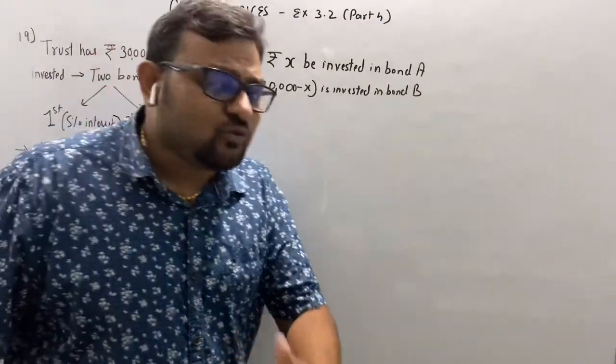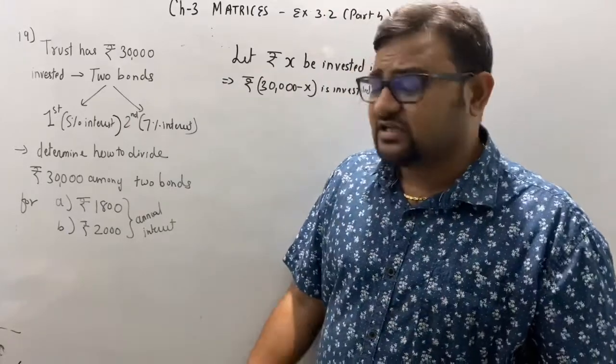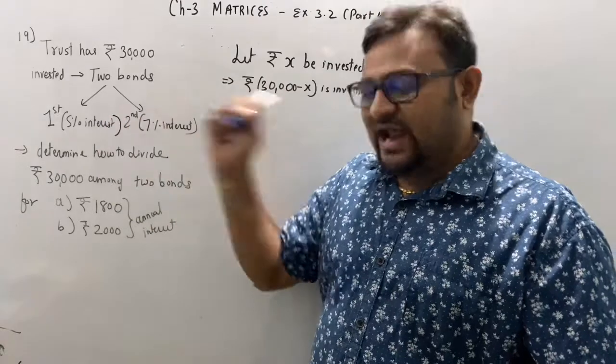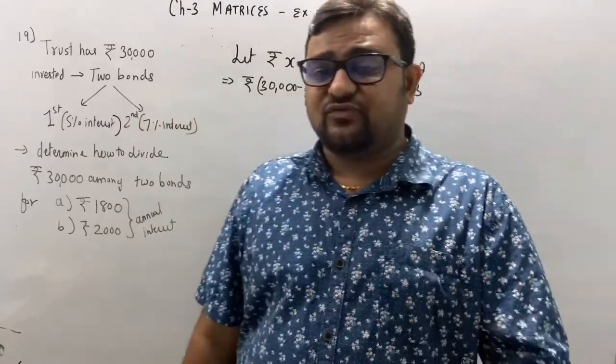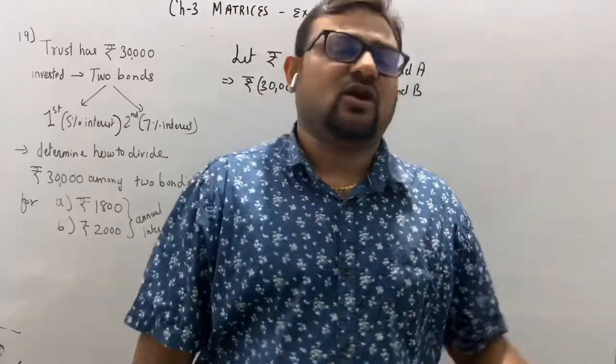So we will form two matrices, the first matrix for the amount and the second matrix for the interest, and we have to multiply them. The first matrix we take as a row and the second as a column.